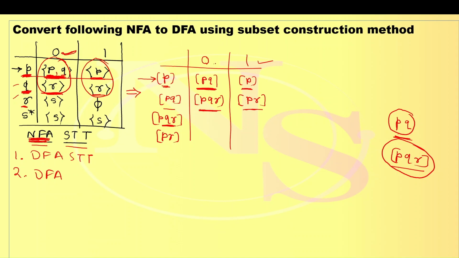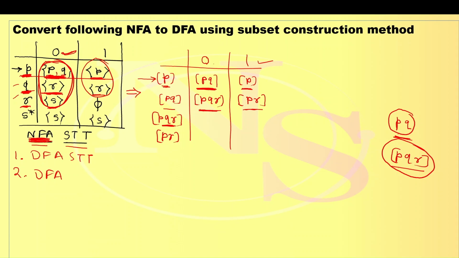PQR on reading 0: how to find this? Refer to the NFA table. P on 0 goes to PQ, Q on 0 goes to R, R on 0 goes to S. So you have to consider all of this, PQRS.